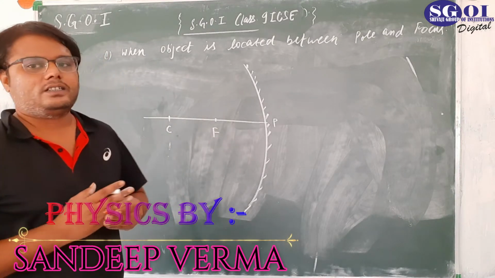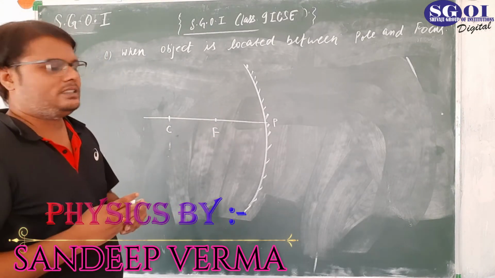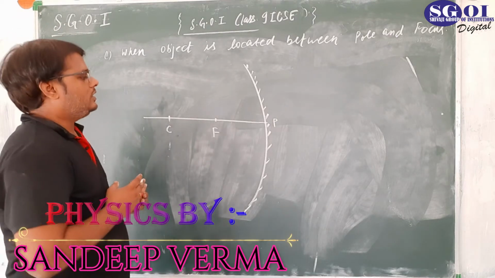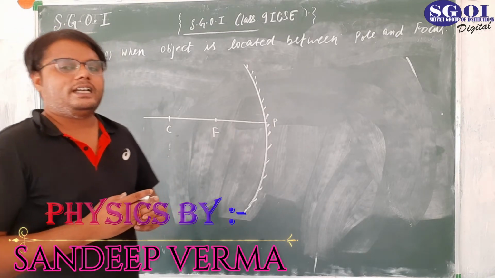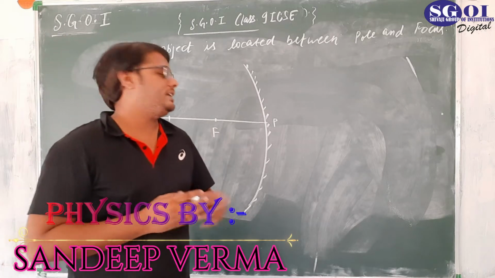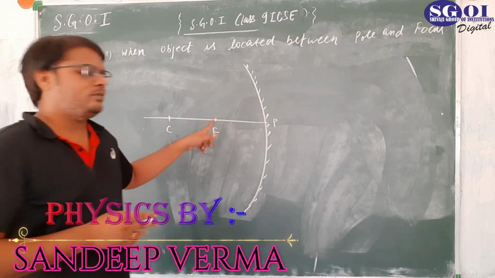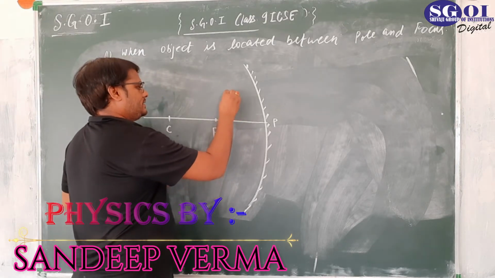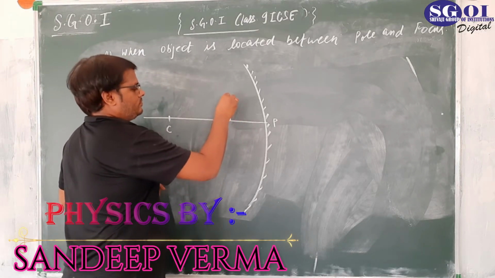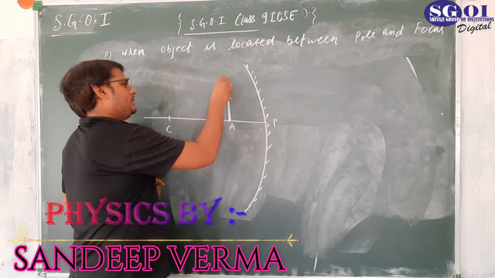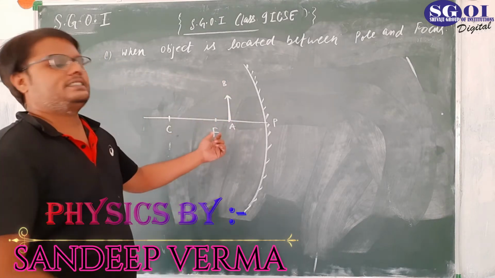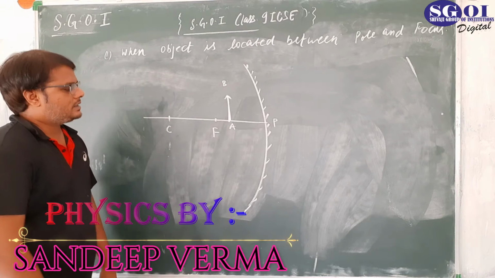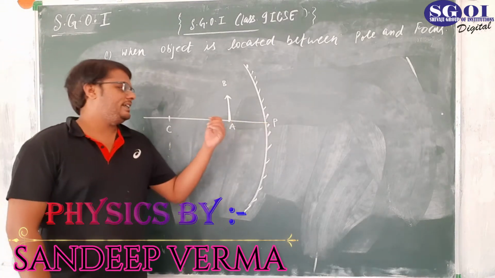Now for the image formation, let's draw the location of the object, and our object is situated between pole and focus, somewhere here, like this. AB is our near object that is situated between points pole and focus.